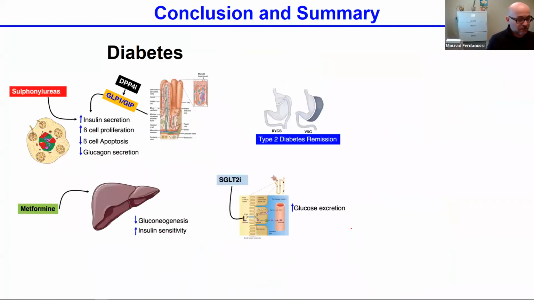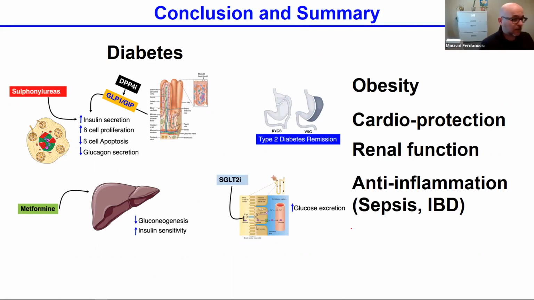And all this new generation of anti-diabetic drugs not only improve the glycemia, they also have other beneficial effects: reducing obesity, cardioprotective effects, improving the renal function. They have anti-inflammatory effects, like in the sepsis that I showed you. We also have some results showing that they reduce IBD in some preclinical studies.